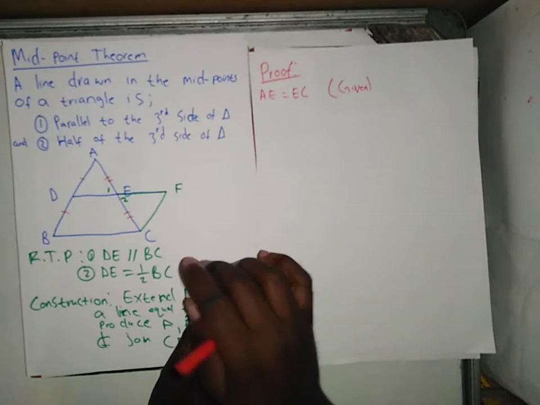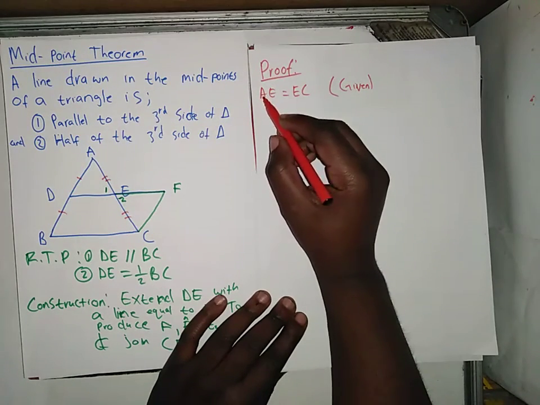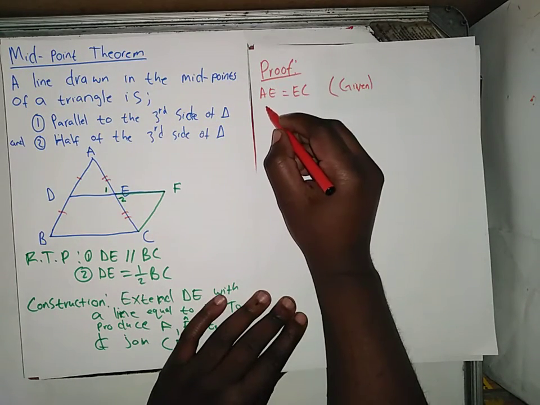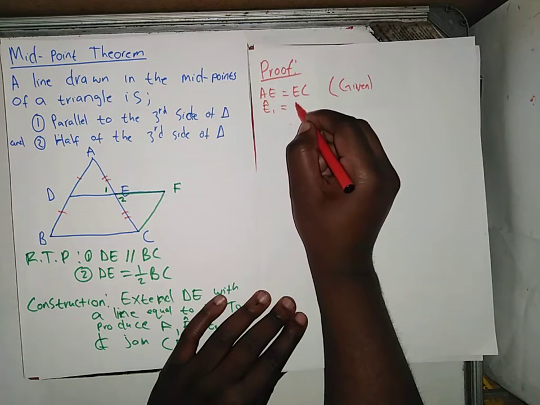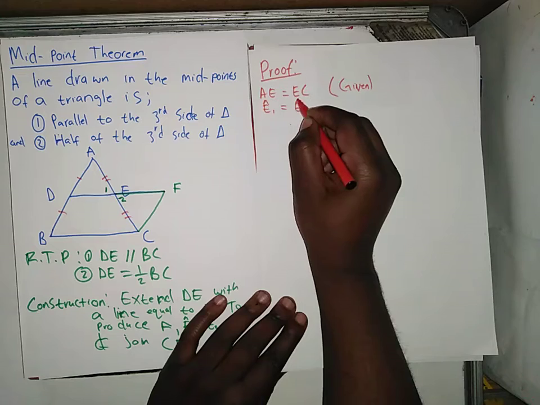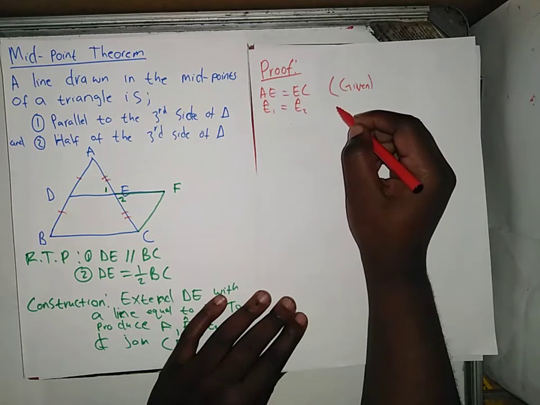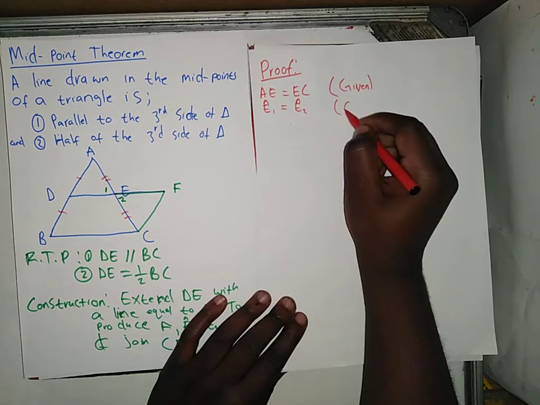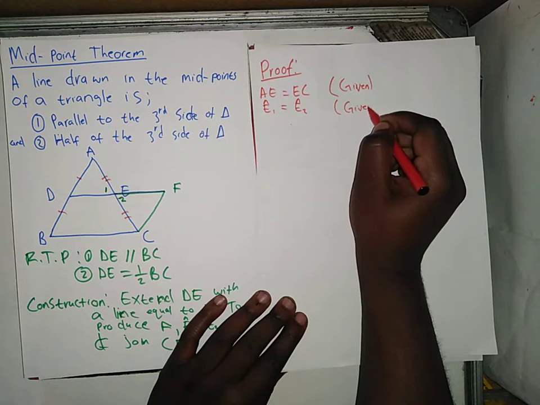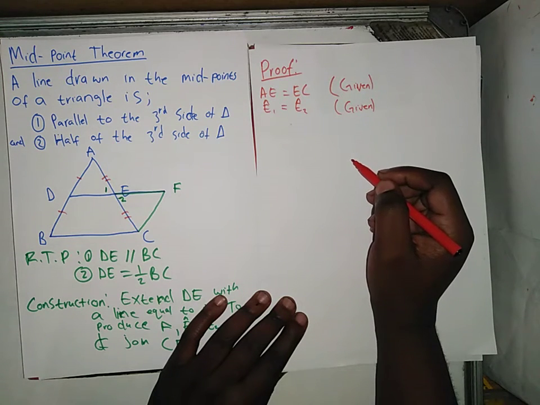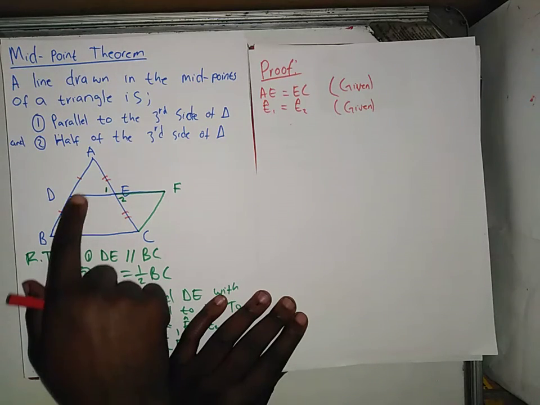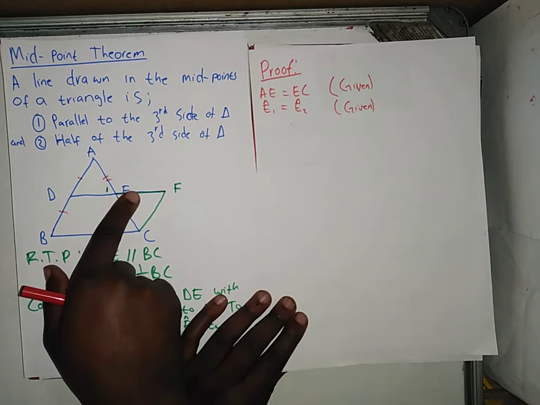So we then go ahead and say E1 is equal to E2. And what is the reason for that? We are given. Okay, and then do we have anything else? We've got this side being equal to this side, and we know that by construction.